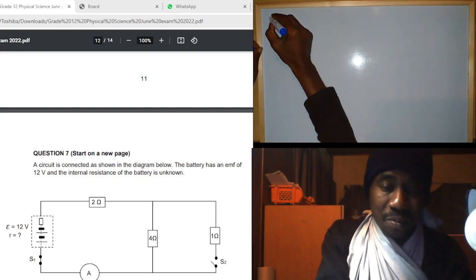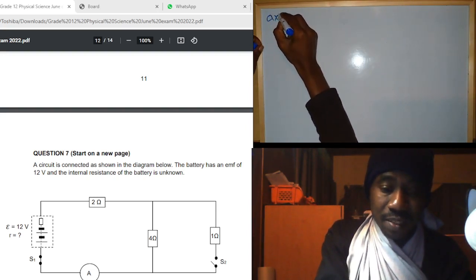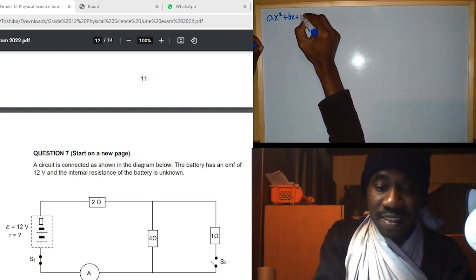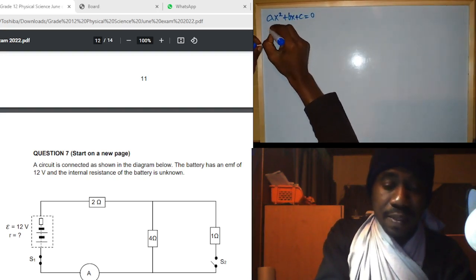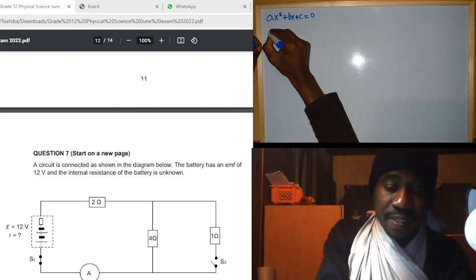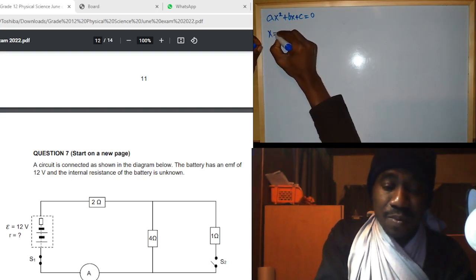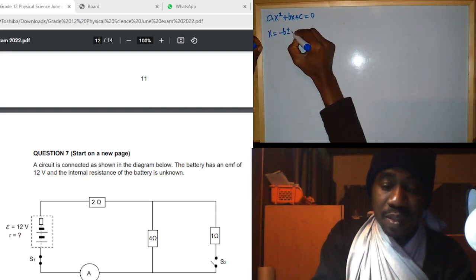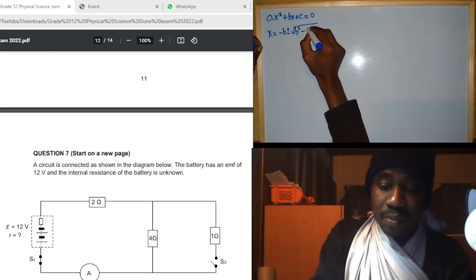The general form of quadratic equation is given as ax squared plus bx plus c equals 0. And the quadratic formula is x equals minus b plus or minus the square root of b squared minus 4ac over 2a.